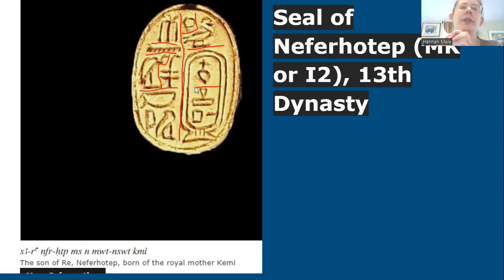So the first thing to notice when looking at this object is that there's two basic registers. And in this case, you read them vertically. So there's register A and register B. So you're figuring out, okay, which register do I start with?